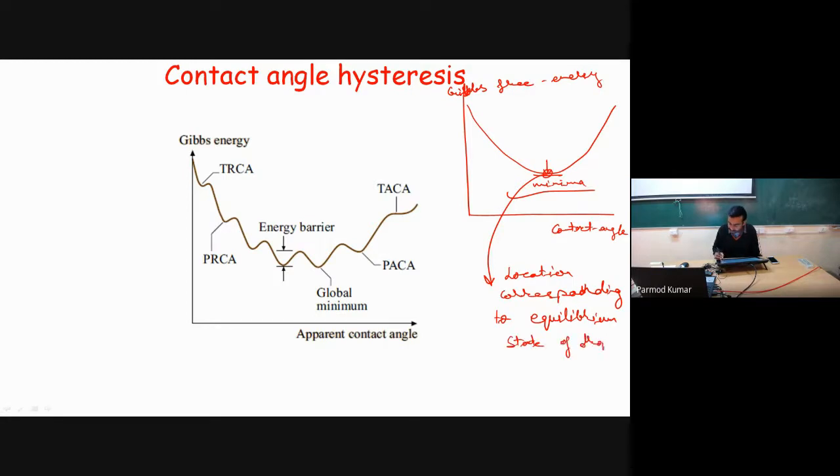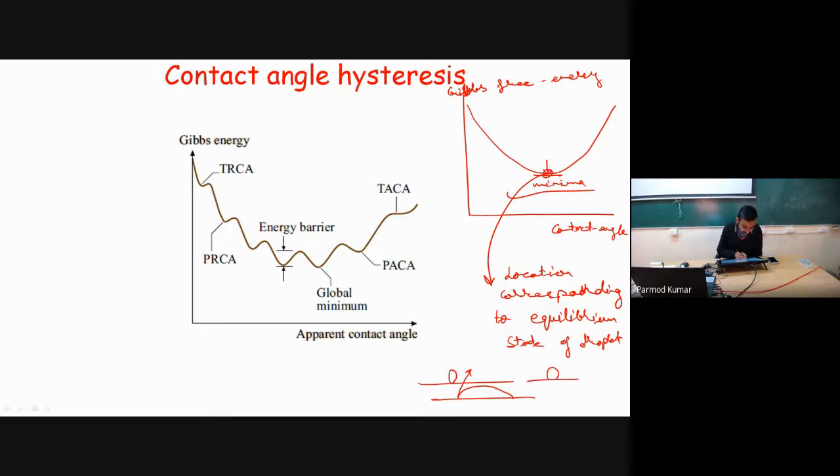Any droplet will show some contact line motion until it has reached the minimum free energy state. Once it has reached the minimum free energy state, that location corresponds to its equilibrium state. For the perfectly smooth surface, the Gibbs free energy curve has only a single minimum.